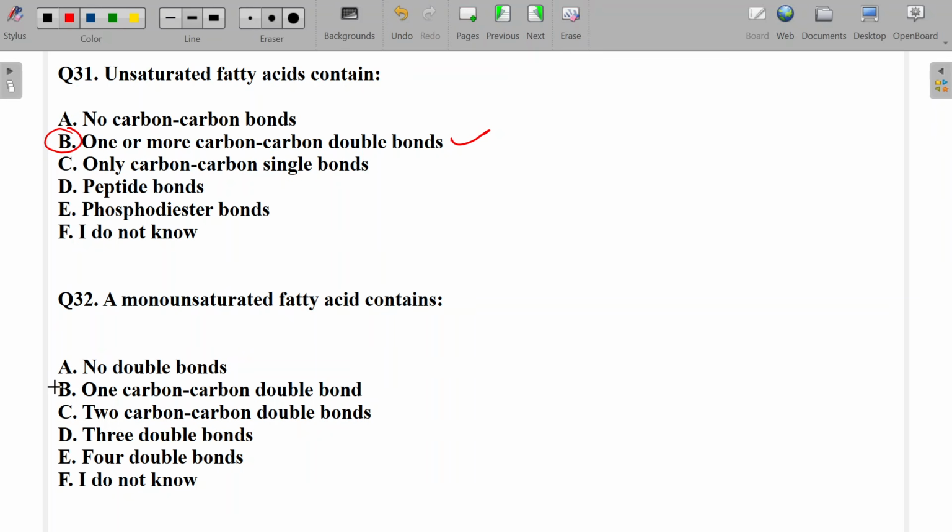A. No? B. Yes, it's B. It has one. Monounsaturated, meaning that it is unsaturated but it has one. Then polyunsaturated means that it has more than one.